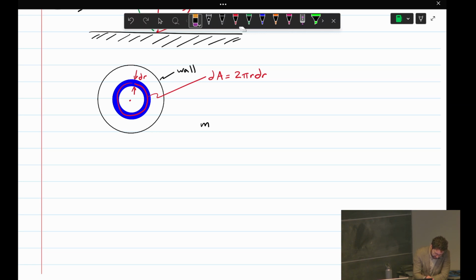I'm going to define r as well. So r is 0 at the start. So this is r here. So r is a coordinate, and r is 0 less than or equal to r less than or equal to big R. And big R is the radius of this pipe.